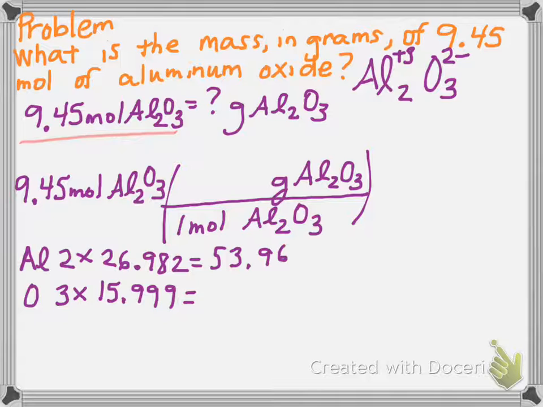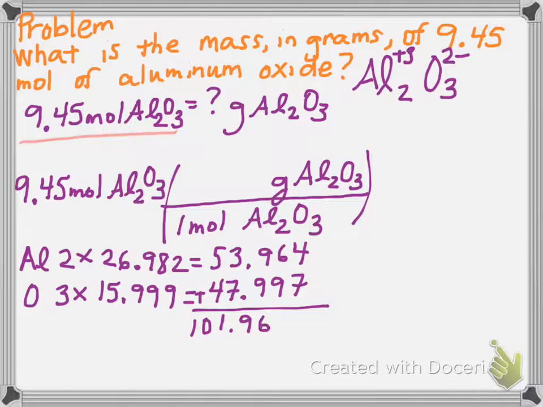So 53.964, 47.997, and I'm going to add these 2 numbers together, which gives me a mass of 101.961. So I'm going to put that number in here.